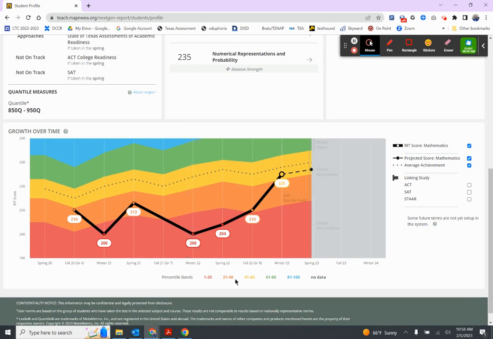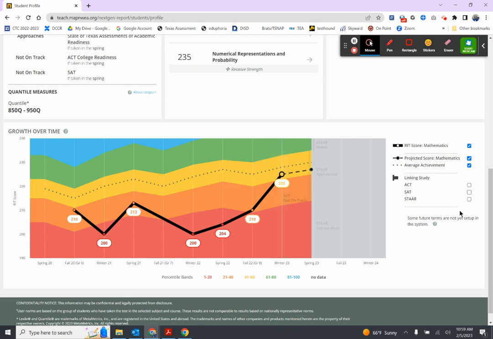Here is all of the MAP tests that this student has taken. We see that this student is in the 8th grade, and here is their history. We see that this student is continuing to increase their knowledge and understanding of mathematics as we look at this chart. We see from the winter of 22 to the winter of 23, look at how much this student has grown.